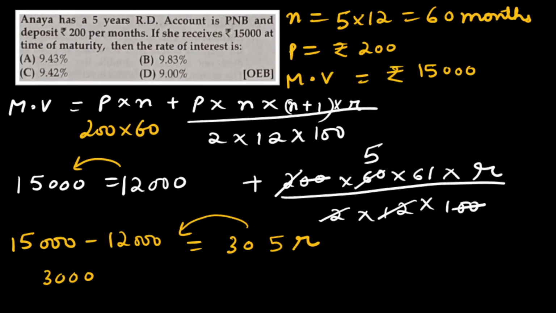So it will get divided. 3,000 upon 305 is equal to R, because here it's getting multiplied. When it's getting multiplied, on the other side when we shift, it will get divided.